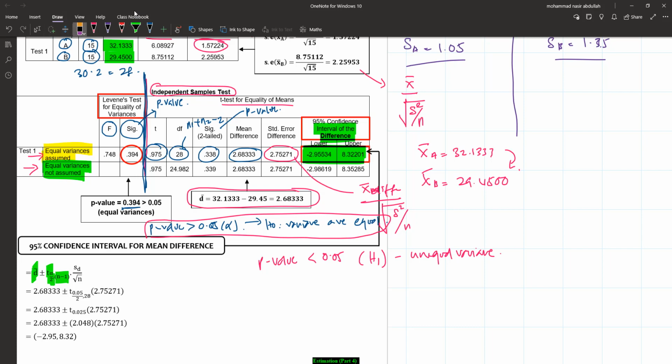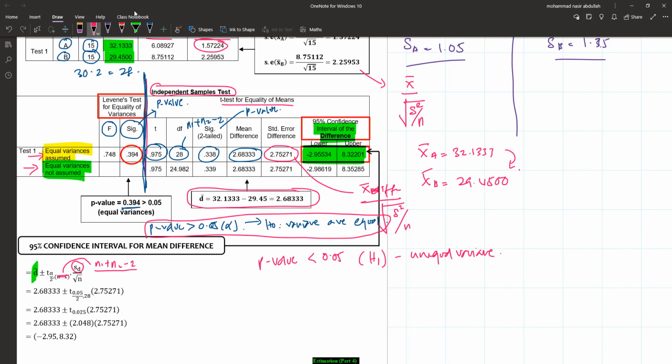Sorry, this is not minus 1. It is wrong, not minus 1. It is going to be n1 plus n2 minus 2. So you cancel this one and put this one: t alpha divided by 2, n1 plus n2 minus 2.